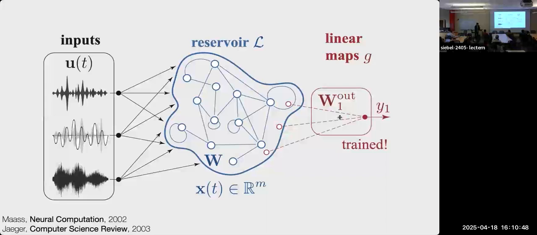And the output is extracted from subsamples of the activities from different locations of this dynamical system. The key idea of reservoir computing is that we typically don't concern ourselves with what is happening in the reservoir itself. We just let it be a rich dynamical system, and then we only train the output with some linear or ridge regression, and then we try to drive some functionality out of it.